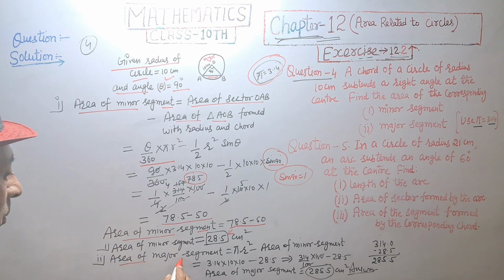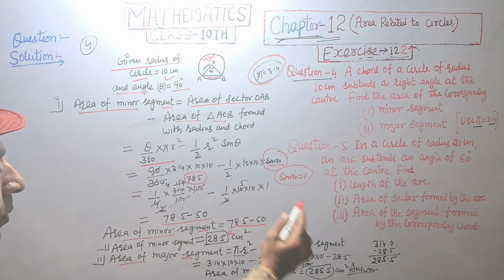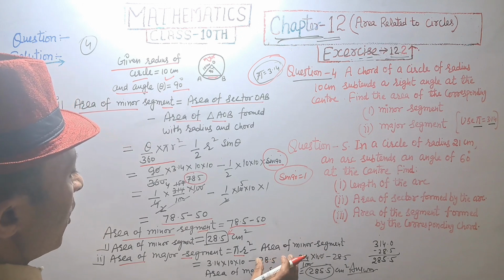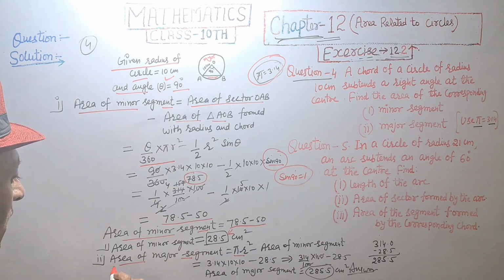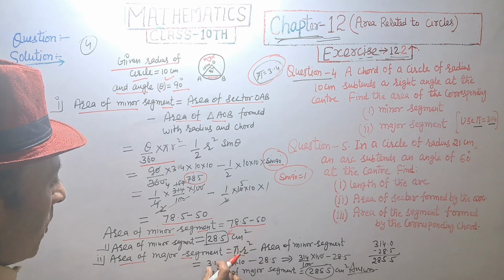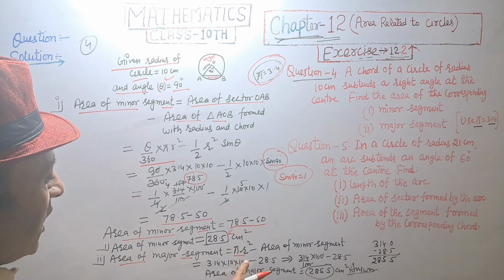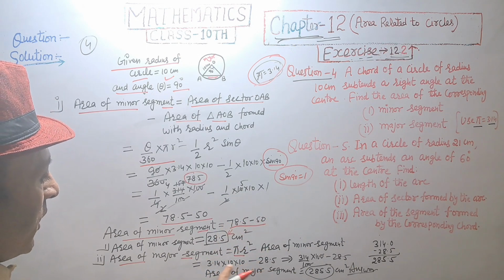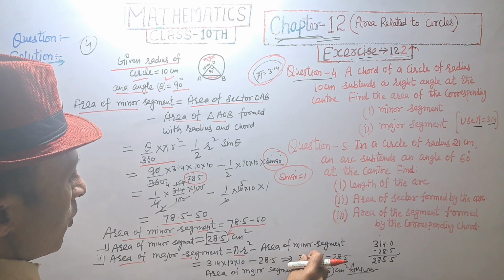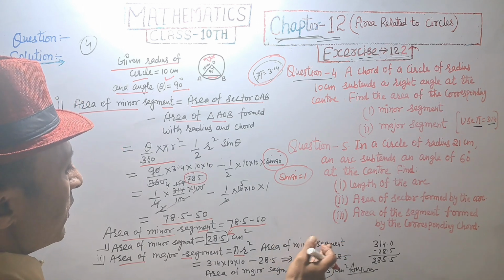And area of major segment is equal to pi r square minus area of minor segment. Pi is 3.14 into r square, 10 into 10, that is 100, and 3.14 can be written as 314 upon 100. 100 is cancelled.